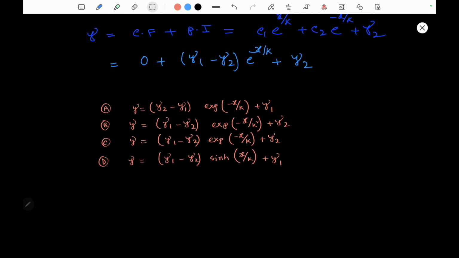Now let's check. Here it is y1 minus y2 e to the power minus x by k plus y2. So option C is the right answer. Hope you will see and relate that. So the right option is option C.